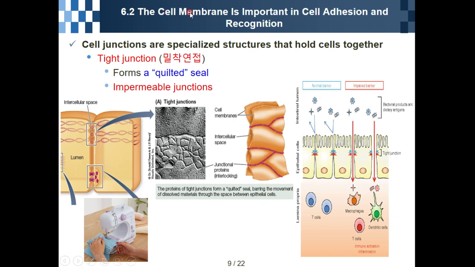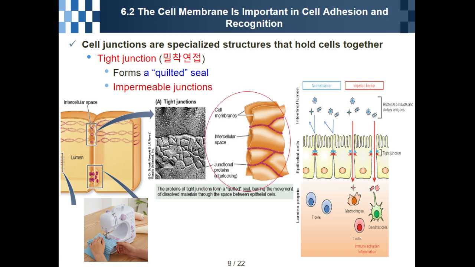The cell membrane has an important role in cell adhesion. At that time, especially tight junction proteins are involved. For example, this is one cell and the other cell. Between them, there is a tight junction.